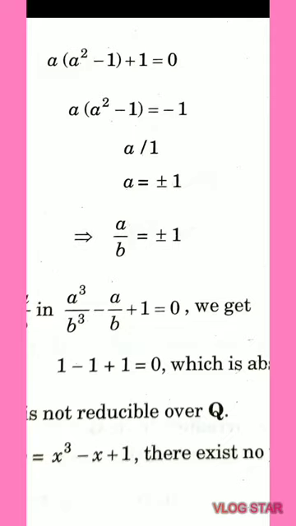Now a = ±1, b = ±1 implies a/b is also ±1. Using this value of a/b in the equation a³/b³ − a/b + 1 = 0, we get 1 − 1 + 1 = 0, which is not possible. Therefore, x³ − x + 1 is irreducible over Q.